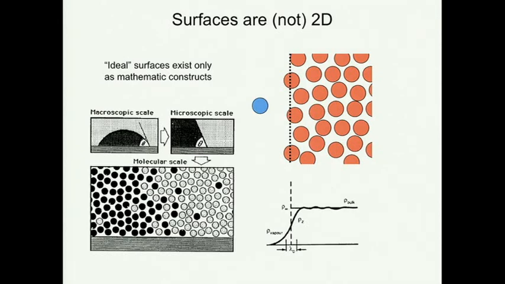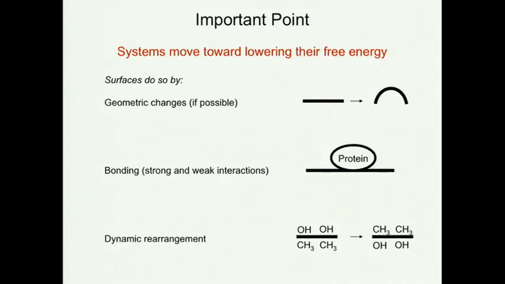It's a 3D environment, because at the molecular scale there are lots of things happening within the surface. So the important thing to know is that whenever you implant something into the human body, the first reaction the body gives to the implant is mediated by the implant surface.